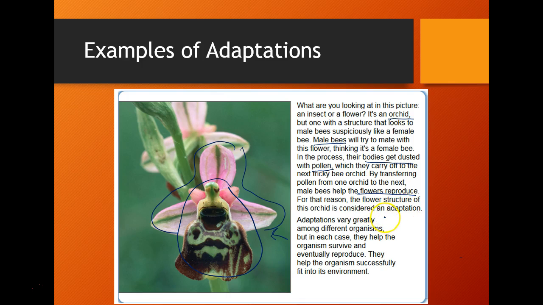So this allows the flowers to reproduce, and that's why we consider it an adaptation. Obviously all these adaptations are very different. We looked at the tubular shape of the pitcher plants, the orchids, as well as the four-eyed butterfly fish. All of them are very different, but their commonality is that all of their adaptations allow them to survive and reproduce.